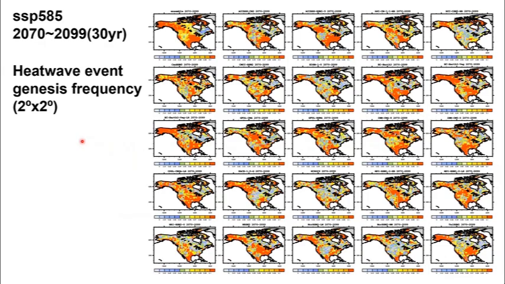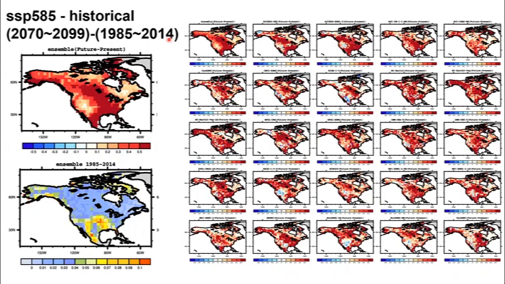And how about the future changes? This again shows 24 individual models, and upper right here is the ensemble mean. If you compare the ensemble mean of the future changes with the ensemble mean for the historical period and how it changed, you will see that, of course, individual models are different, but the ensemble mean tends to indicate certain areas where the event frequency increases much more.